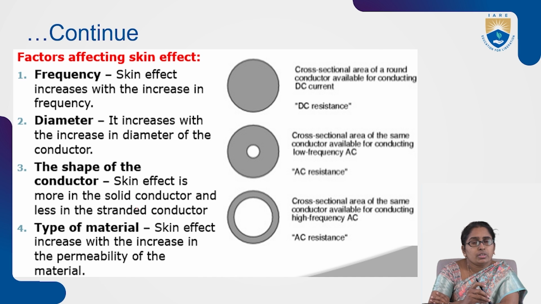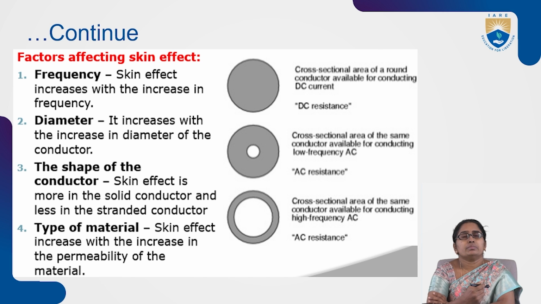So here they are telling the skin effect is more for a solid conductor than a stranded conductor. Then the type of conductor material. They are telling the skin effect increases with the increase in permeability of the material.